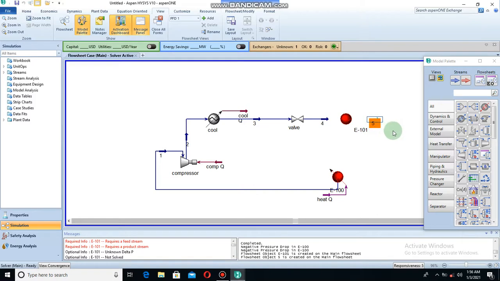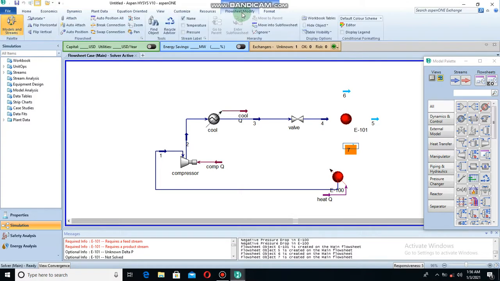There's an external stream we have to absorb heat from, so we add another one here. And it's definitely going to have an output stream too, so we'll need another one. Maybe some flow sheet customization.